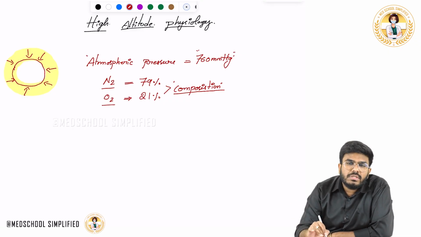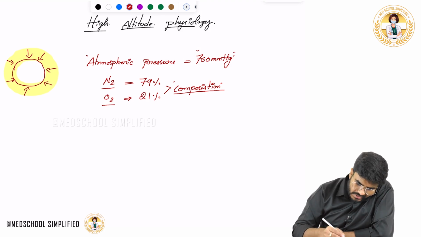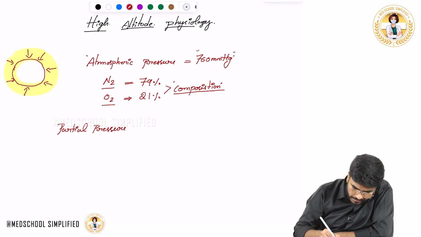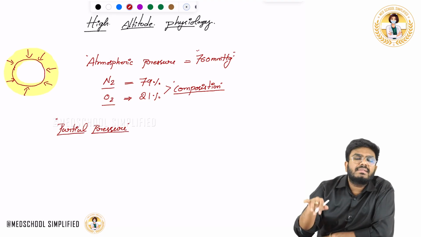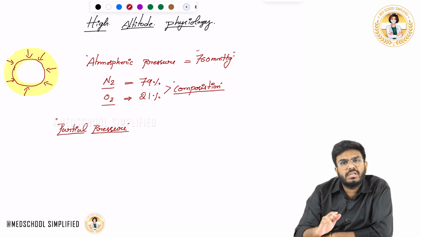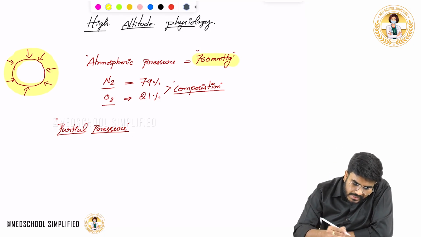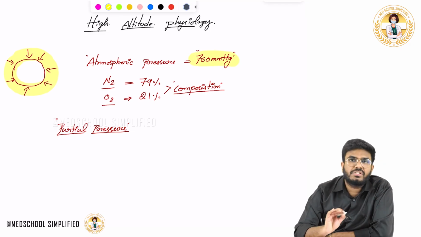Now I am talking about the concept of partial pressure. What is partial pressure? All the gases together, all nitrogen and oxygen and other minor gases, are exerting a pressure of 760 mmHg.